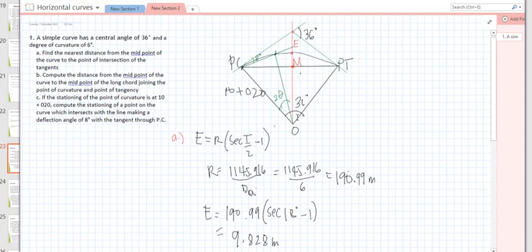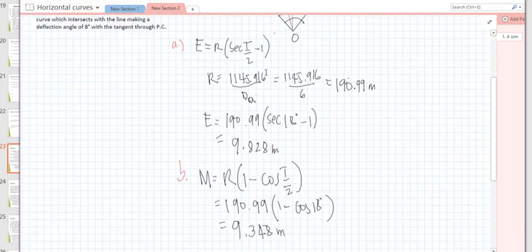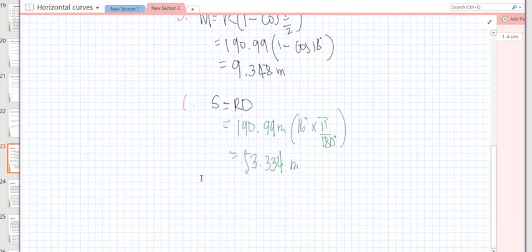So stationing 10 plus 0 to 20. So i-add lang nato. So we have the arc distance of 53.33. So the station is equals to 10 plus 0 to 20 plus 53.334.